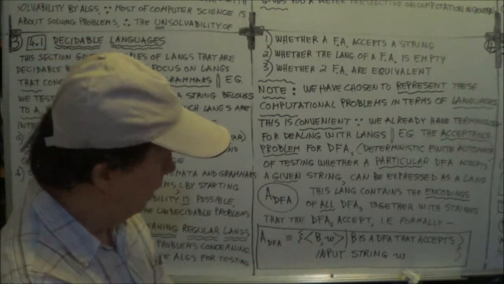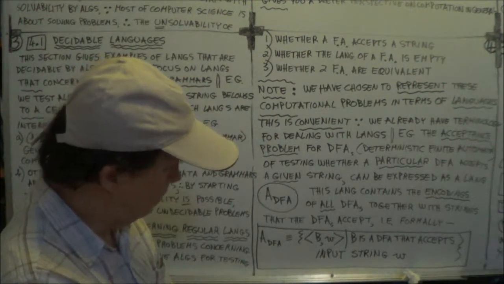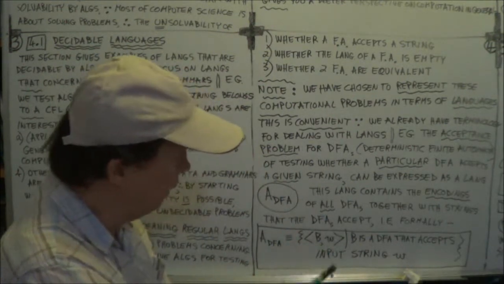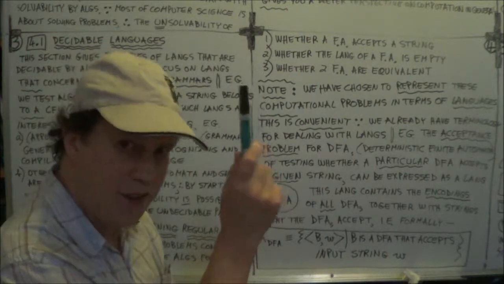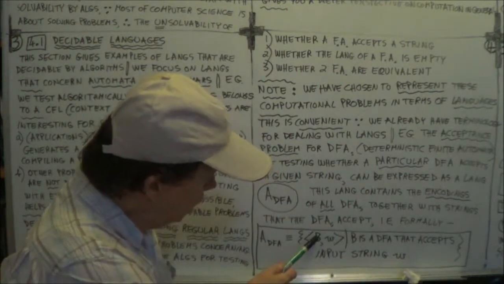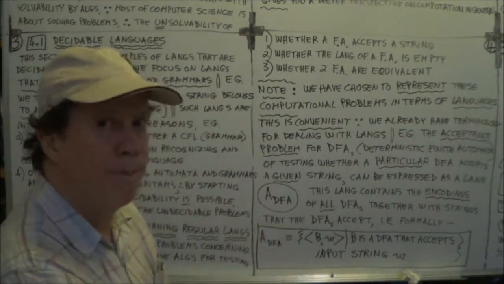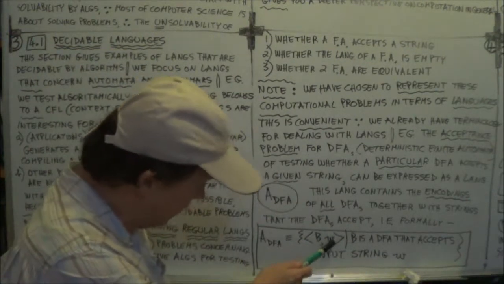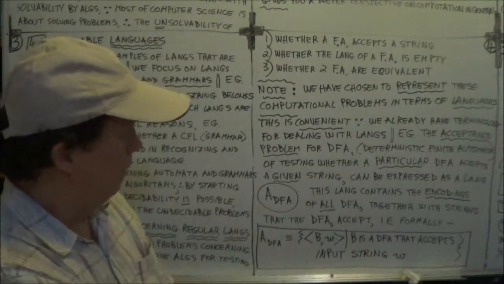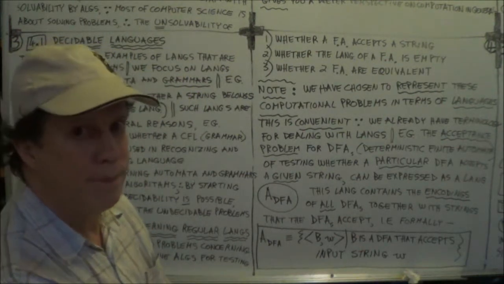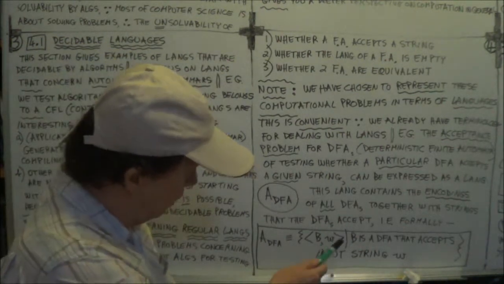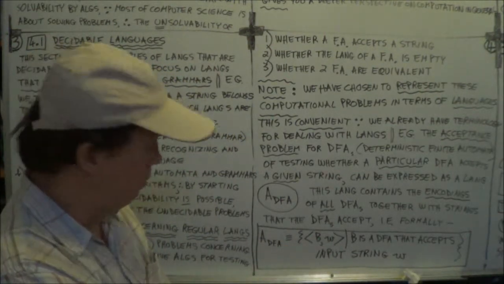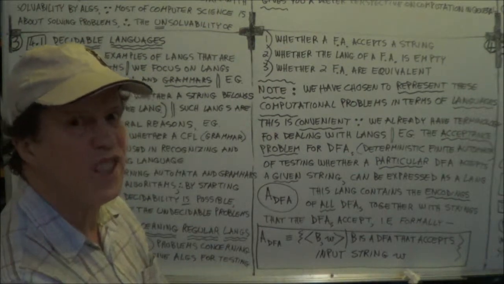And if this particular machine accepts this particular string, then this ordered pair is a member of this language by definition.